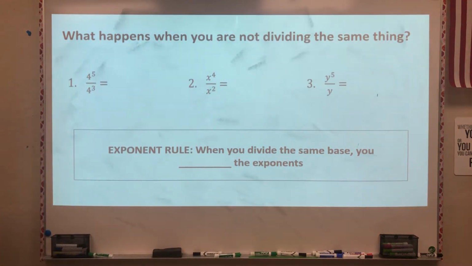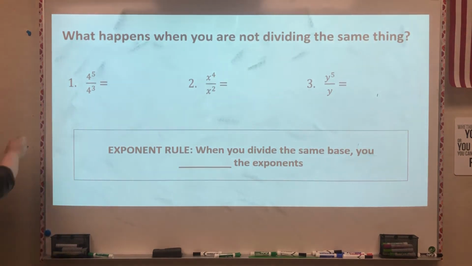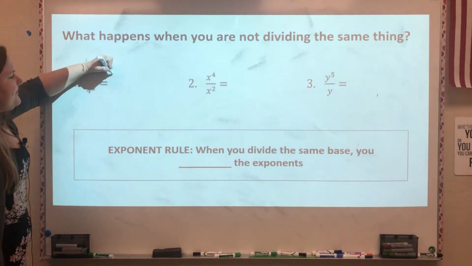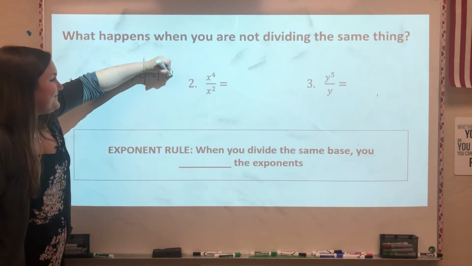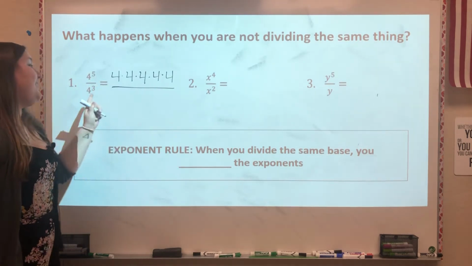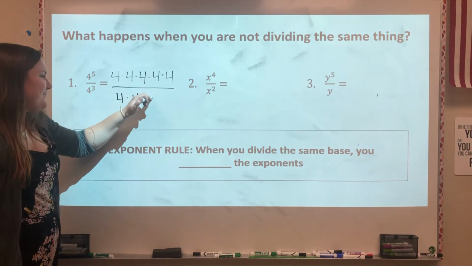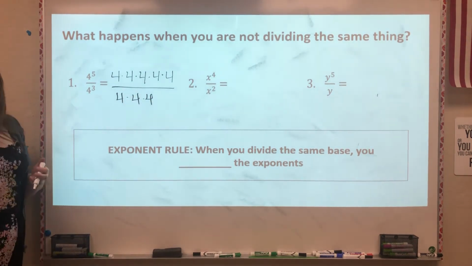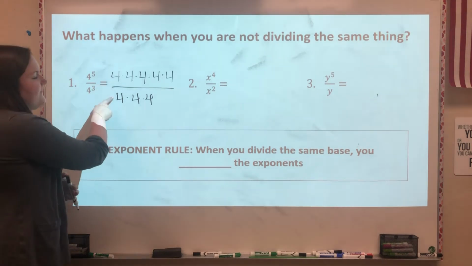So this first one here, I've got 4 to the 5th power divided by 4 cubed. What does that look like if I wanted to write it all out? Well, 4 to the 5th power says 4 times 4 times 4 times 4 times 4. And then 4 cubed is 4 times 4 times 4. Remember, our goal is to simplify. What could I do here to simplify? Well, I see 4 divided by 4.